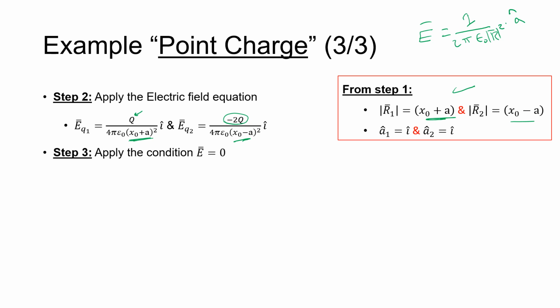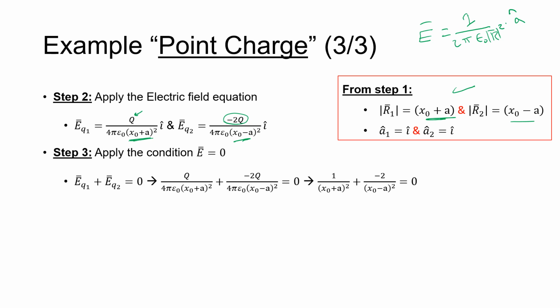The condition is E equal to 0, so we make a summation of these two terms here, and then for this condition to be satisfied, this equation should be equal to 0, because i cannot be equal to 0. So we go and make mathematical manipulation.